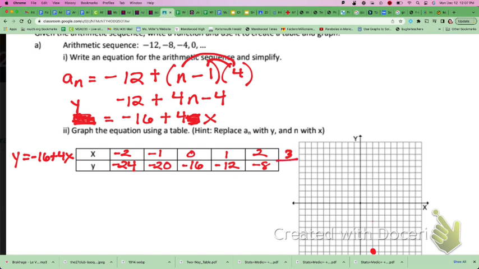What would be 4 times 3? 12. 12 plus negative 16 is negative 4, so we can get 3, negative 4 on there. 1, 2, 3, 4. Now I at least have 2 dots that I can make a line. Well, you could do 4 and then get another one, sure. Okay, so there we have our graph.